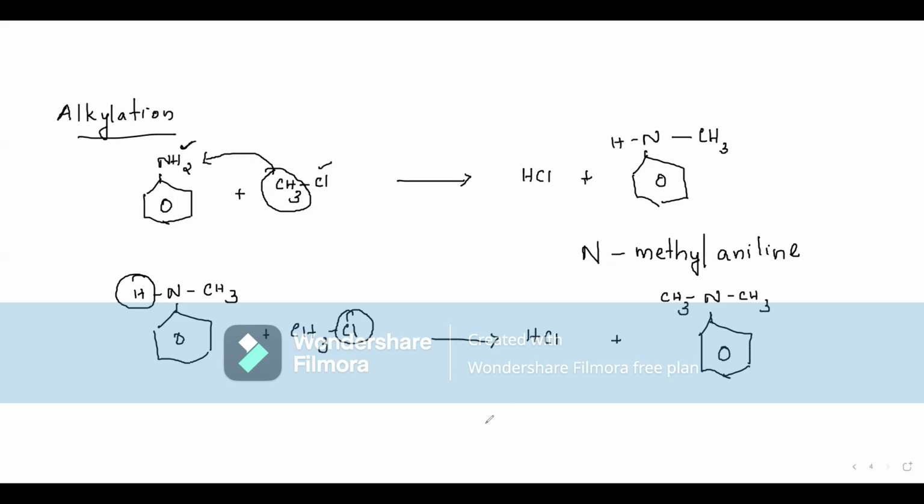On nitrogen of aniline, there are two methyl groups, so this is N,N-dimethyl aniline. All right, so that is alkylation of aniline.